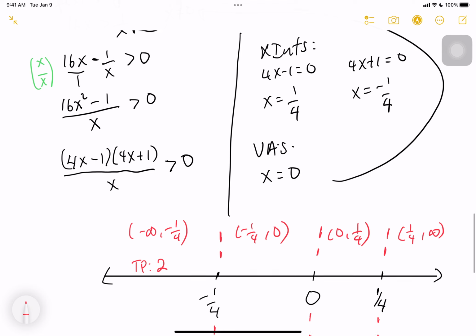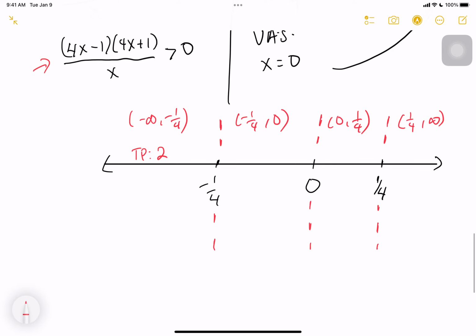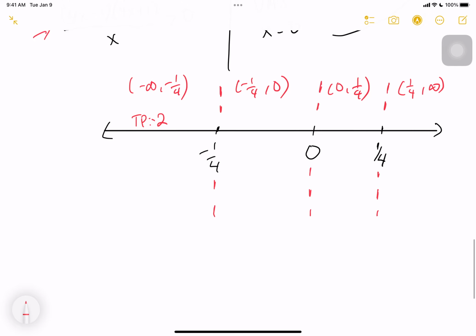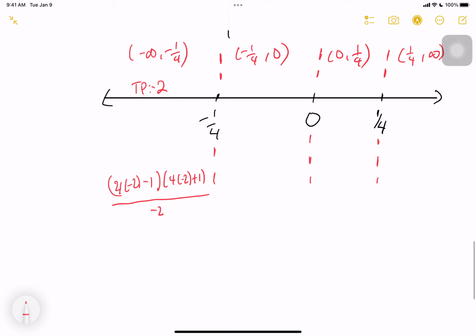And so we'll plug it into the factored form. That's normally the simplest form to factor. Oh, sorry, negative 2. And so that's going to be 4 times negative 2 minus 1 times 4 times negative 2 plus 1 divided by negative 2. Now, 4 times negative 2, that's negative 8.